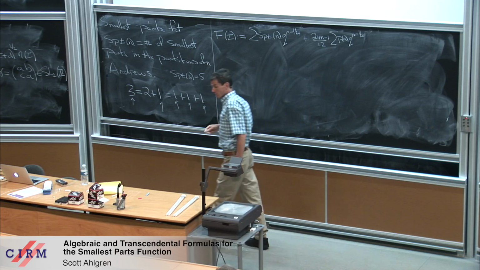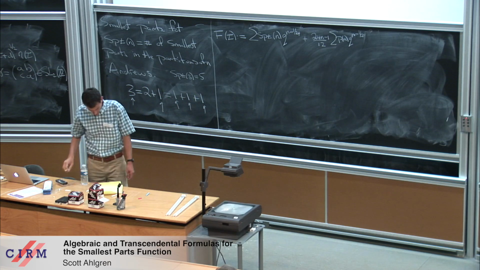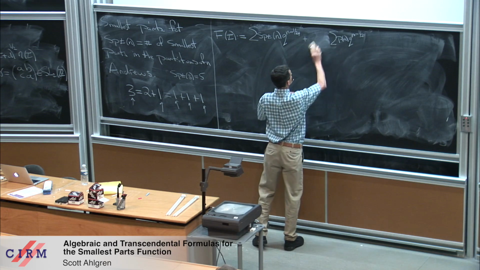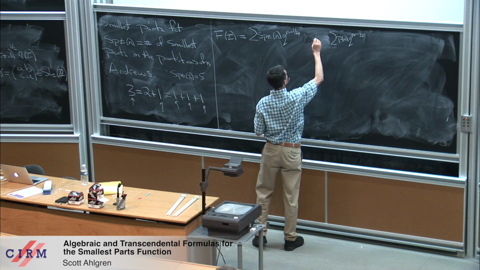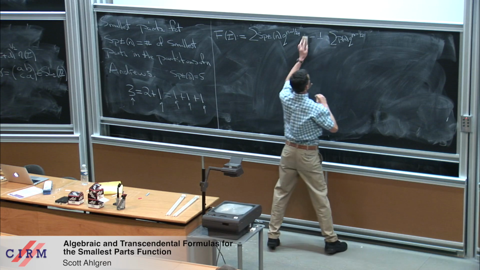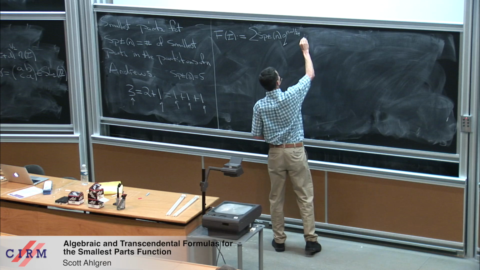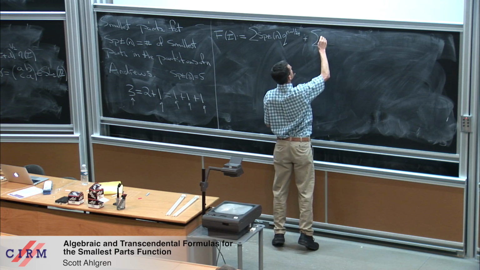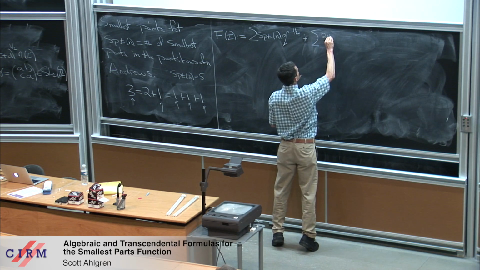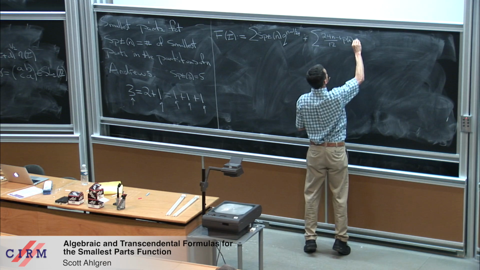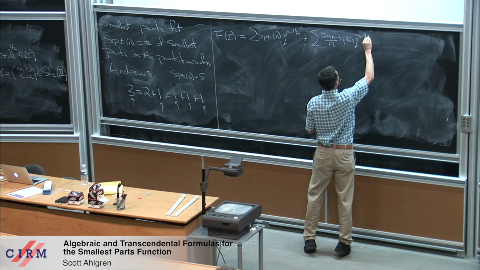Let's go with negative 1/12. I need to put that inside. So that would fix it. So let's try this: (24n minus 1) over 12 times p of n times q to the n minus 1/24.